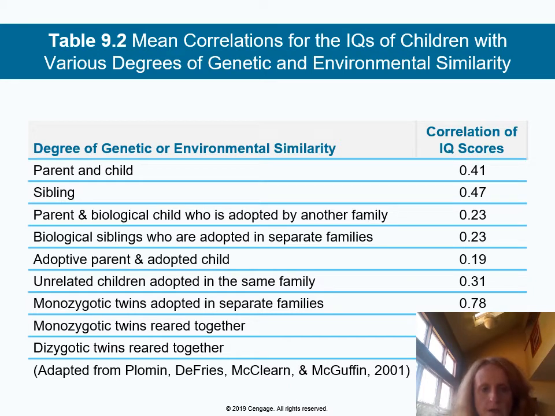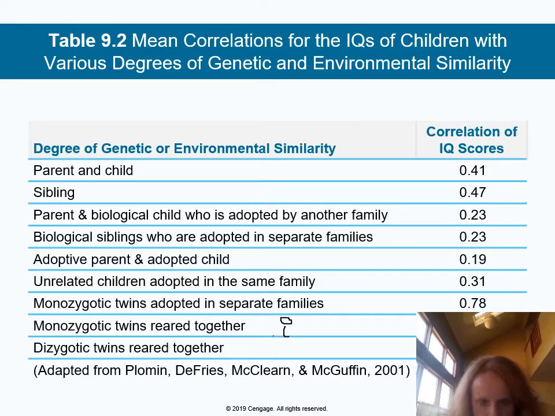Okay, what I'm going to try to do here, first of all, we see this mean correlation for the IQs of children with various degrees of genetic and environmental similarity. But in this table, you can't see the correlation of IQ scores for monozygotic twins reared together. I'm going to try very carefully to do this.